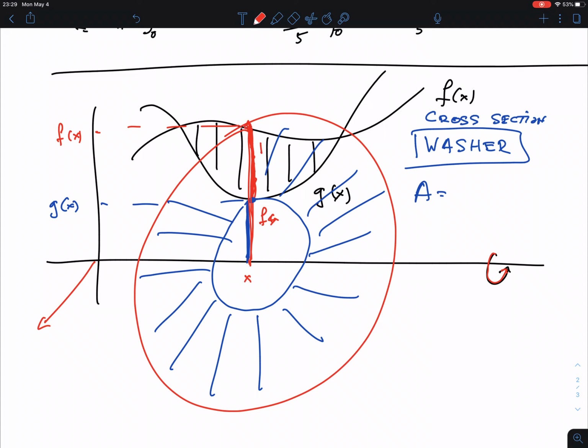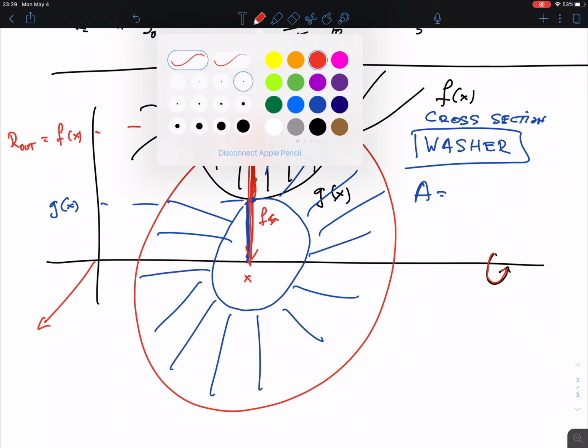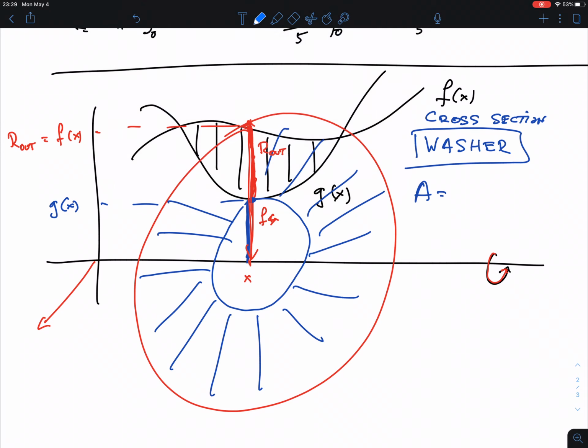We call this r out, this distance, which in this case is f of x. With r out, I mean the outer radius. This distance we call r inner, the inner radius of this inner circle.